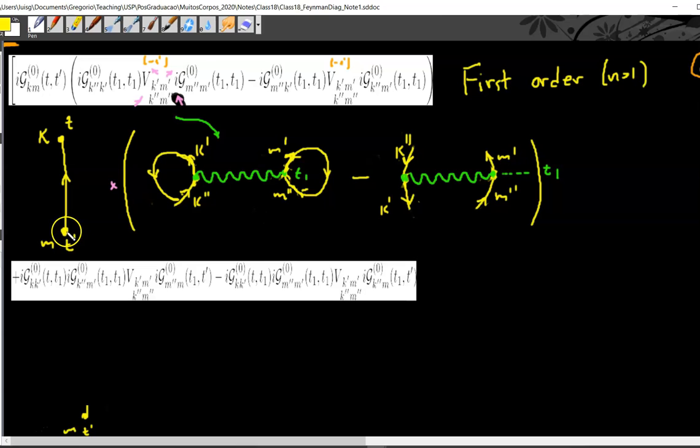So when I go from t prime to t vertically, it means that time is increasing. So time increases that way, right? So a fixed time is a horizontal line, so these two points at the same horizontal position are points at the same time in my space-time diagram.